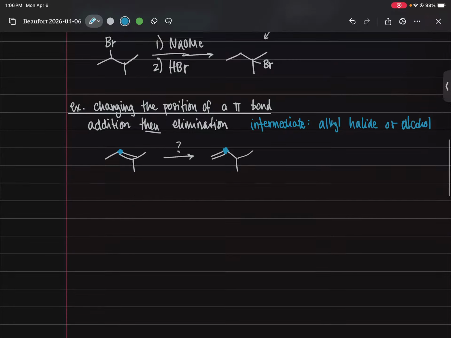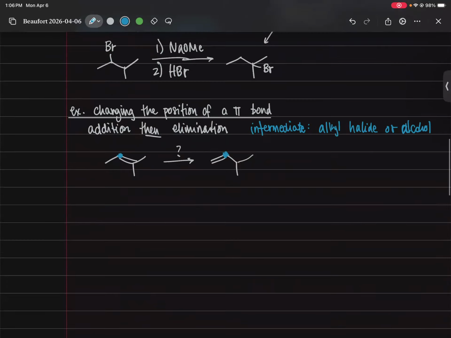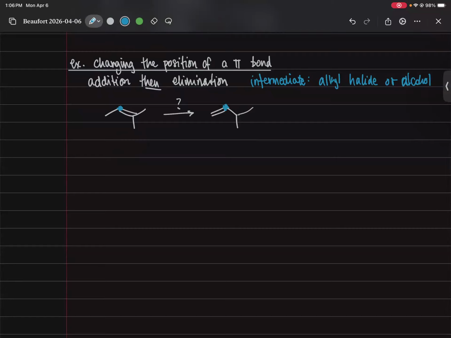In the same way that our colored carbons above ended up being where the intermediate alkene was, the blue carbon here is going to tell us where the alkyl halide intermediate is going to be. So now we can split this up into two reactions, where our intermediate is an alkyl halide or an alcohol, but we'll use an alkyl halide on the blue carbon.